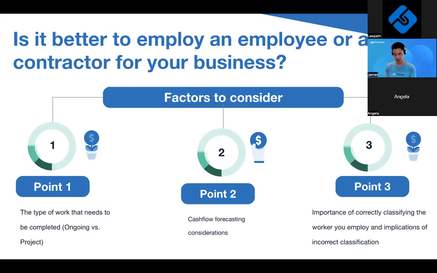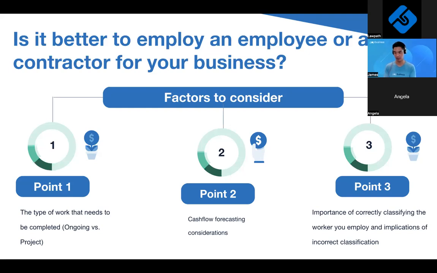So it makes forecasting quite difficult, because you don't know exactly what the cash outflow will be in a certain period, because the money you owe falls in later periods. As opposed to a contractor, you know how much you're going to pay them because it's going to be in one invoice and you just pay the amount out.